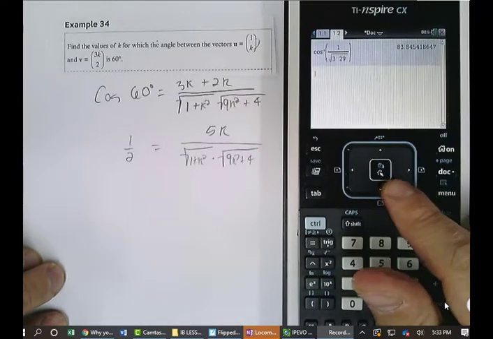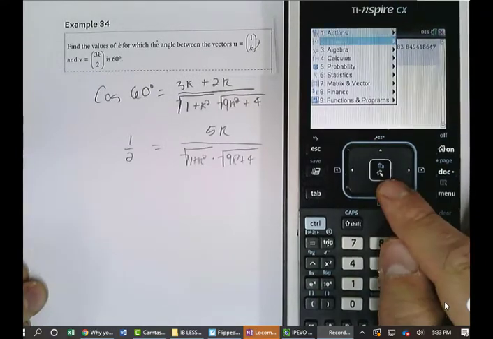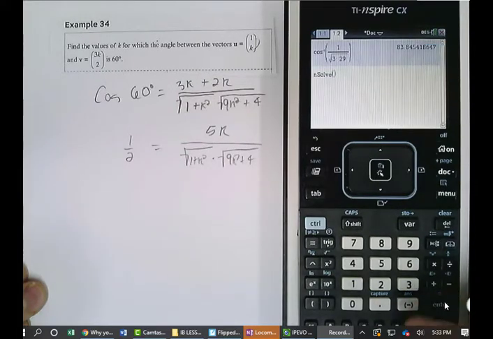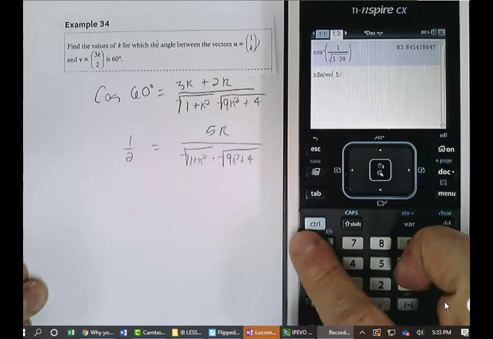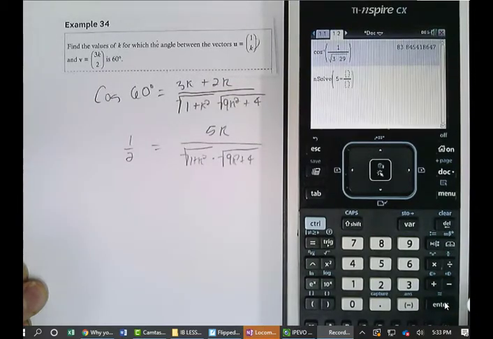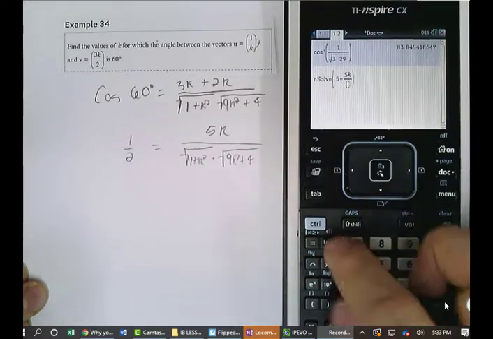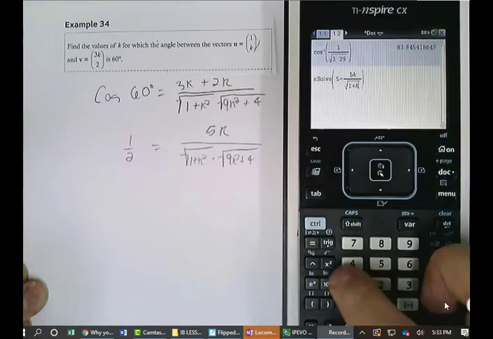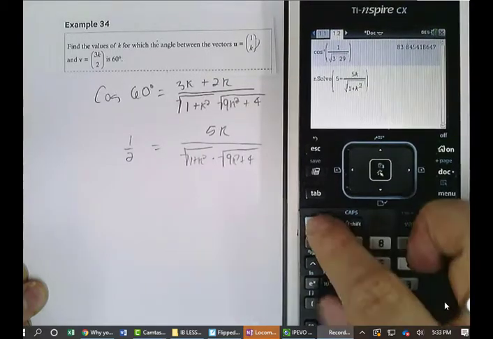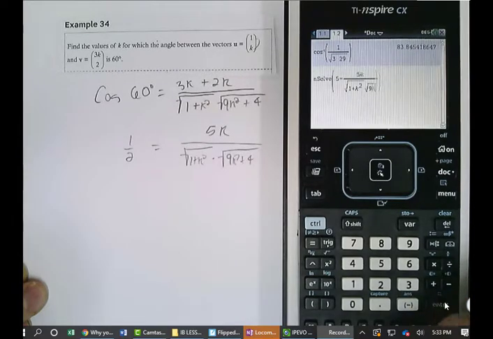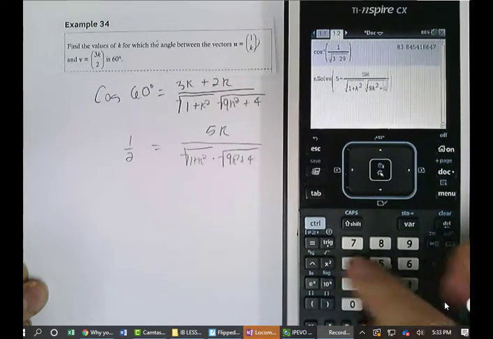So I am going to do menu, algebra, numerical solve, and I'm going to enter 0.5 equals, and since I have a fraction here, 5k over the square root of 1 plus k squared times the root of 9k squared plus 4.